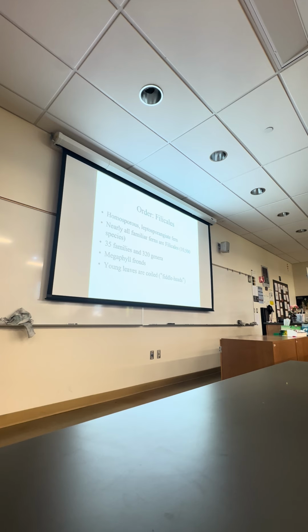So this right here is a fiddlehead, and then it'll unfurl and bring its leaves out. Here I isolated this one. If you look at it closely, you'll see this is all tightly coiled, and it's eventually going to grow out and spread its leaves.